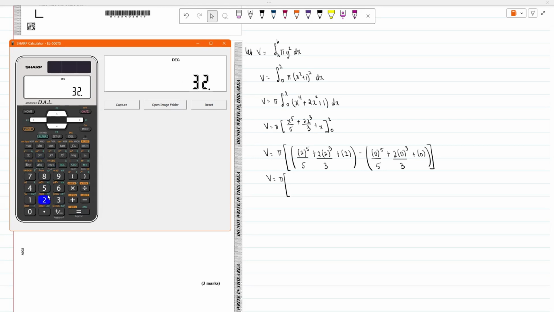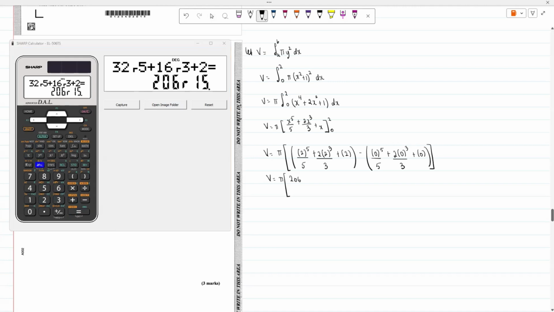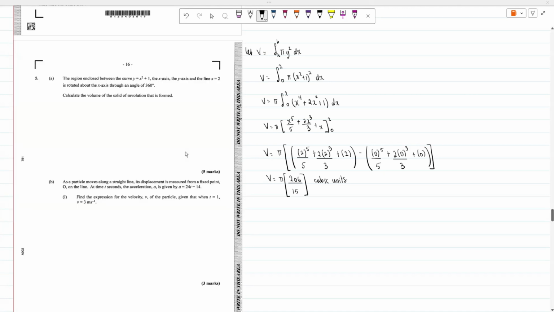So I got 32 on 5 plus 2 2s are 4, 2 4s are 8, 2 8s are 16 on 3 plus 2. 206 on 15 pi cubic units. Yeah, if you want, you can multiply the pi. There is no problem. Okay?